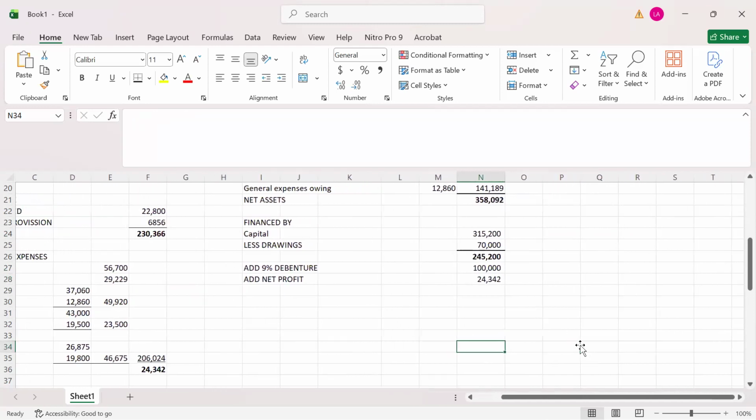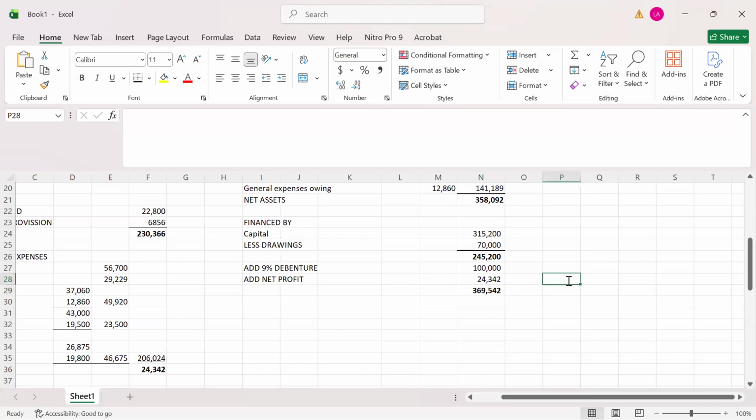So if what we did is correct, then this total should be equal to the net asset. If what we did is right, then this plus this should be equal to the net asset. But looking at it, there's something wrong with what we did.